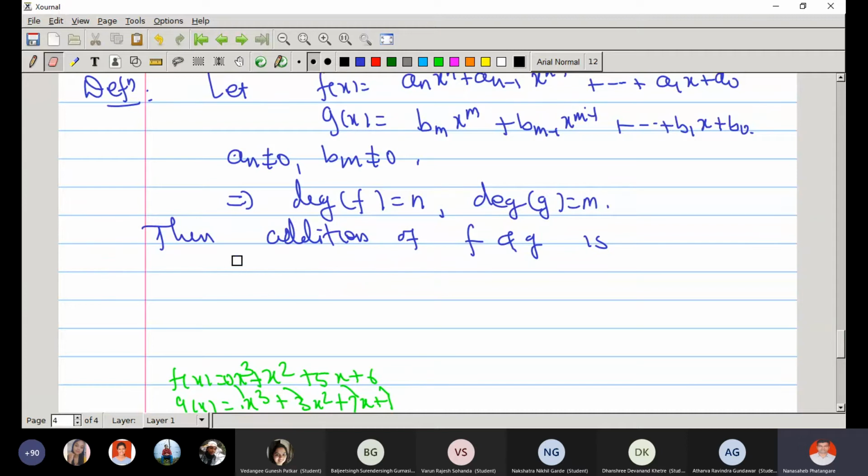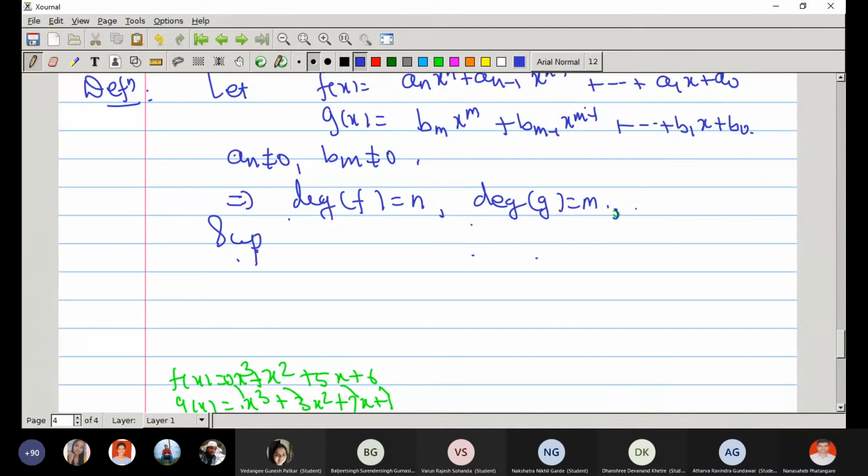Suppose the degrees are the same. What I should say here is, suppose n is greater or equal to m, they are equal or one is greater. If not equal, one of them is bigger, another is smaller, right? Either m is greater than n or n is greater than m. But in any case, we can define addition.